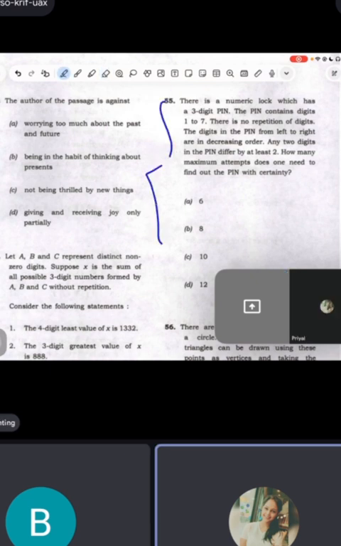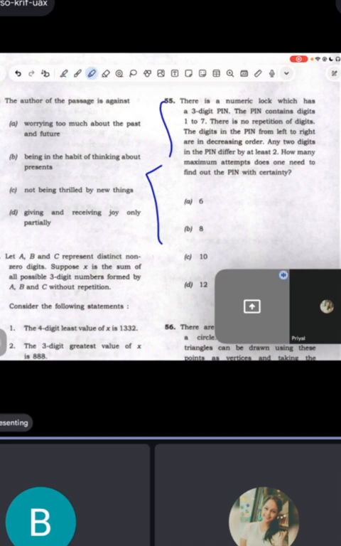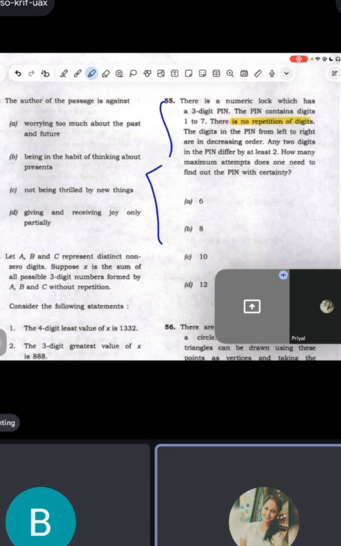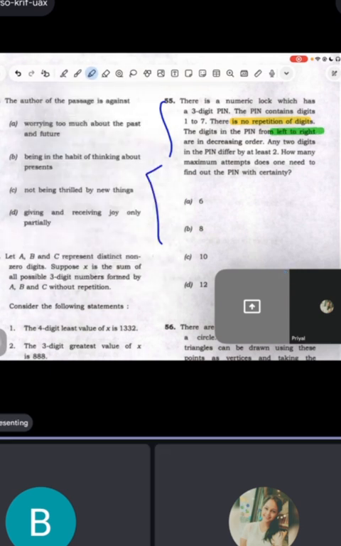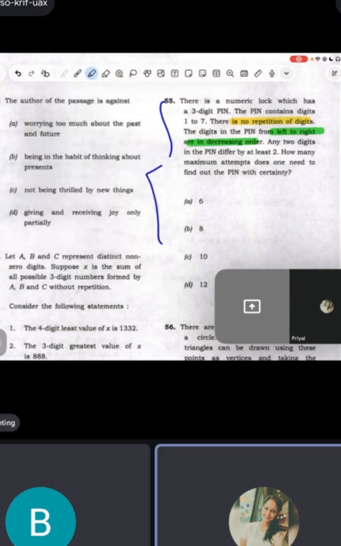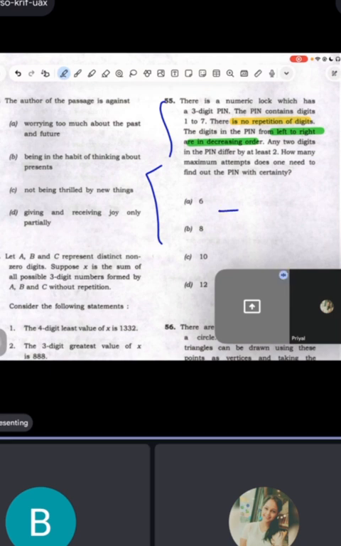See, a three-digit pin is given to you from 1 to 7. No repetition is given, so we cannot put a repetition. Yes, it is a permutation here. But there is one more condition, guys: decreasing order from left to right. It means suppose there is a three-digit number, so here it will be the higher value and here the lower value.